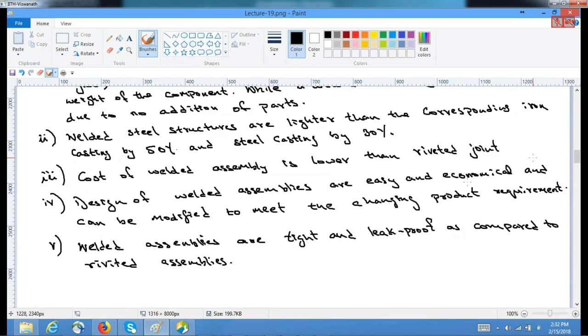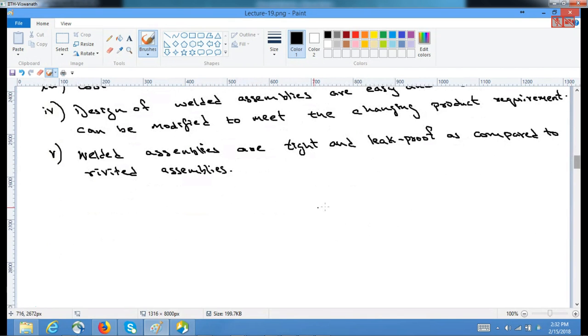Further, the production time is very less for welded assemblies.